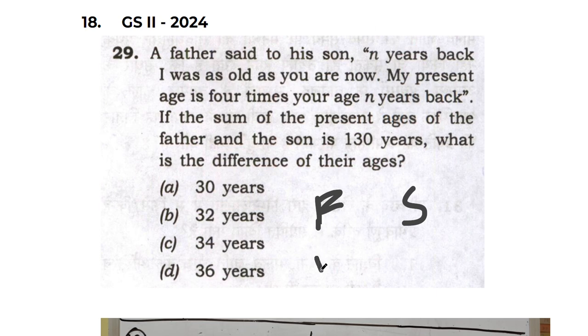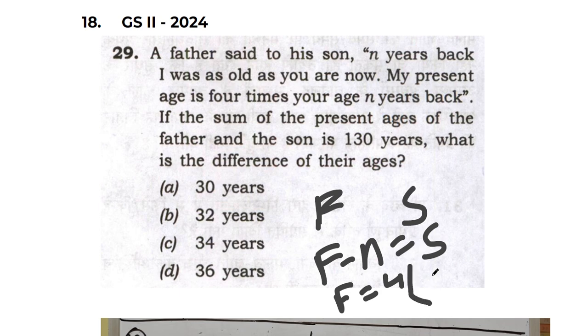So we can say whatever age the father had n years back, that is f minus n, where f is the present age of the father, that age was equal to the son's present age. Can we say that? Because it is given in the question statement only. And the second statement he says is that my present age, the father's present age, is equal to 4 times the son's age n years back. s minus n will be the son's age n years back.